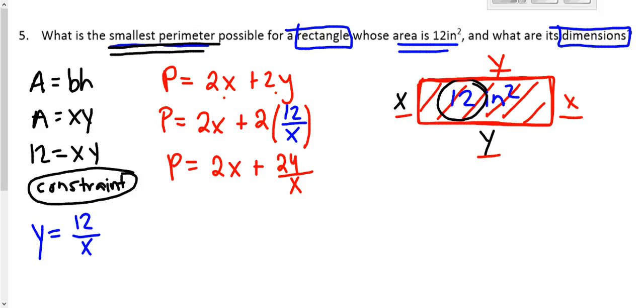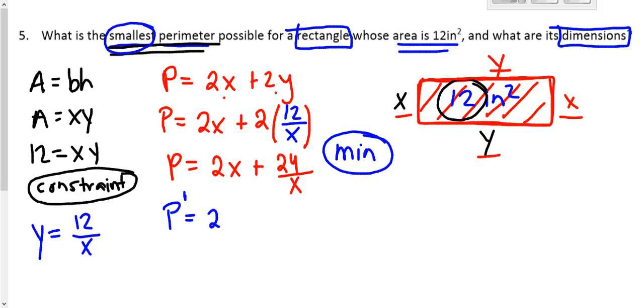So let's take the derivative of this. Smallest means we are minimizing. So from here, we can take the derivative. The derivative of 2x is 2. Then 24 over x means 24 times x to the negative 1.